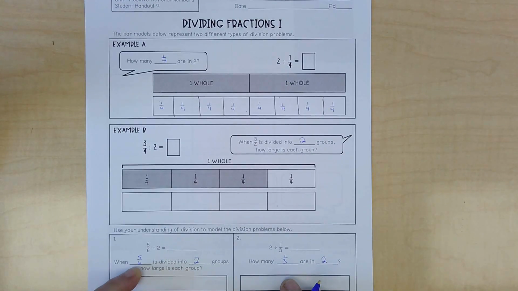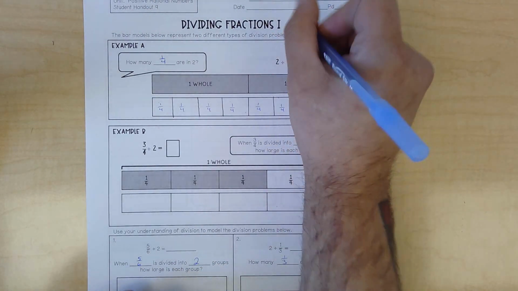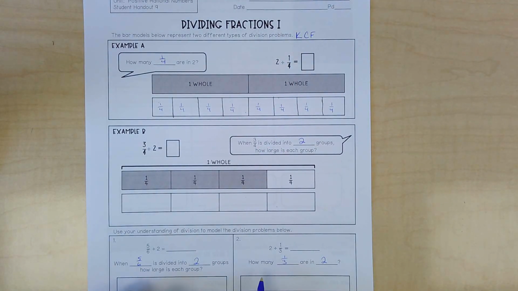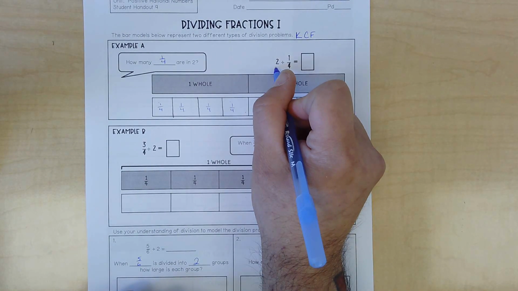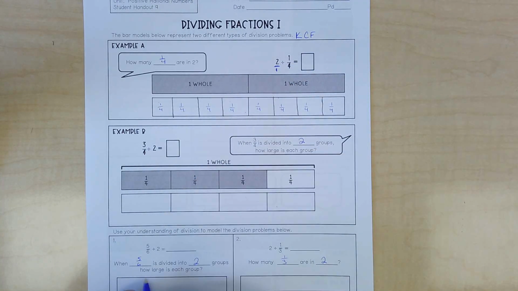Now, there is a rule we're going to use. It's not the only rule, but it is an effective rule, okay? This is called KCF, keep, change, flip. So, first we need to understand that 2 is really always 2/1.